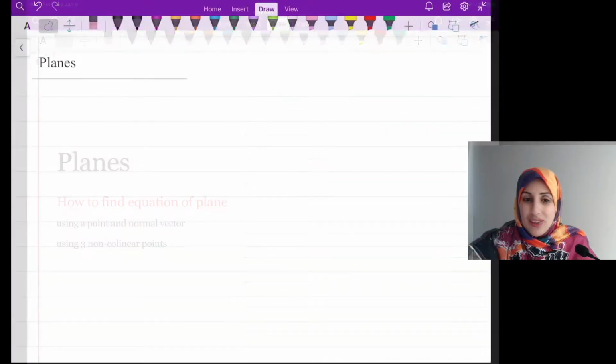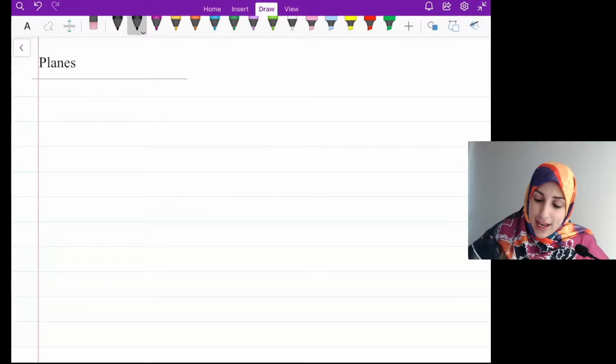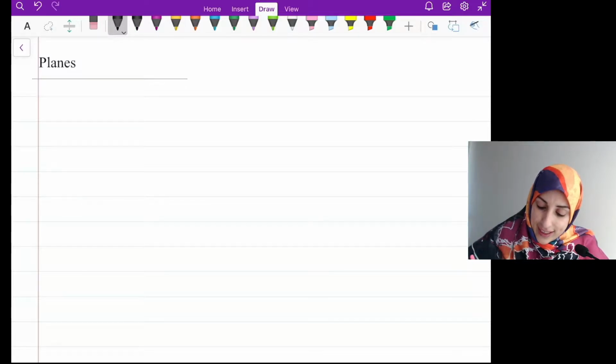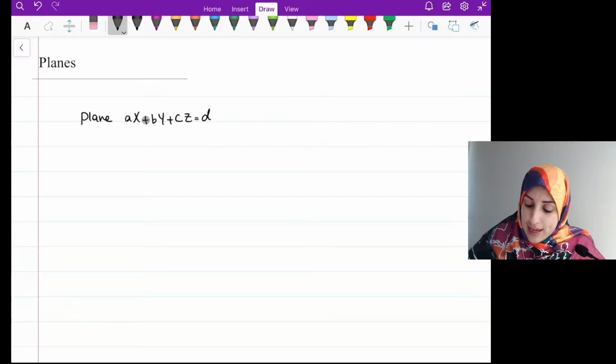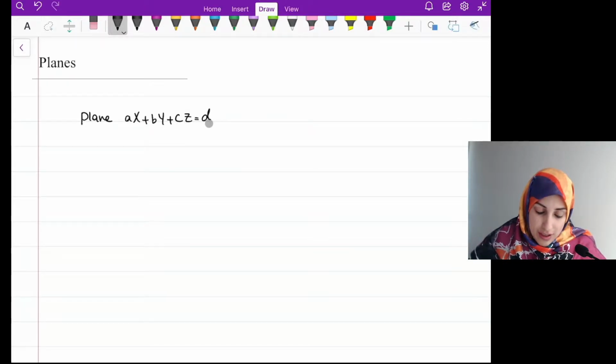So let me start. A plane has an equation like this: ax plus by plus cz equals d, where a, b, c, and d are just numbers.